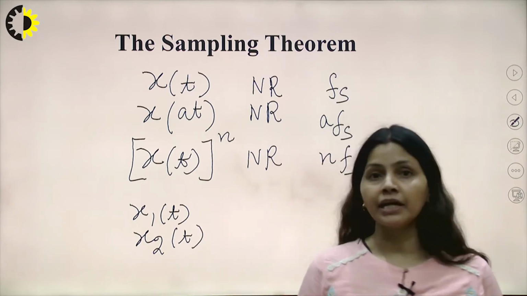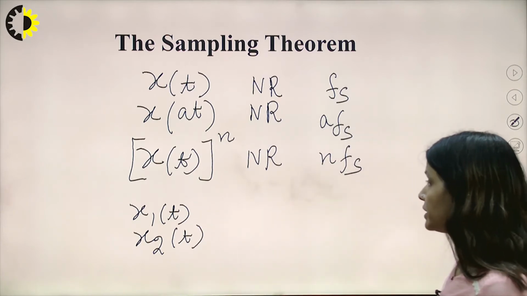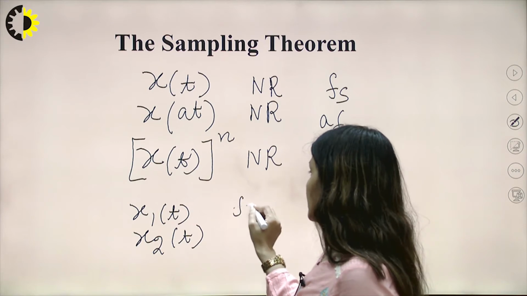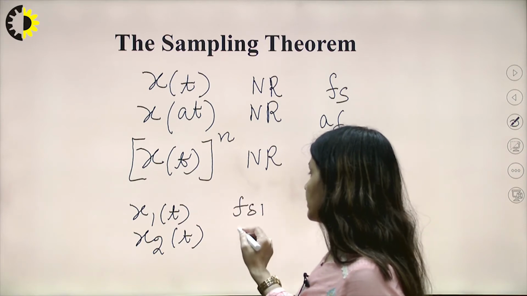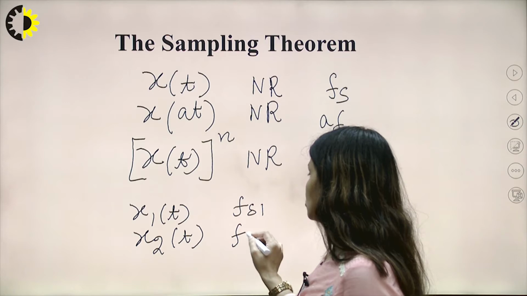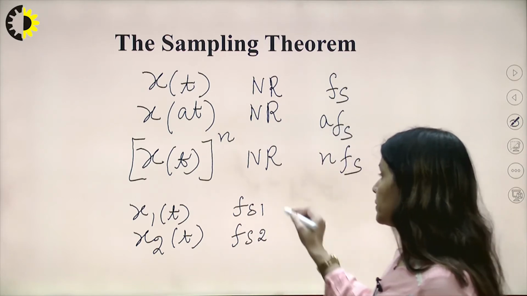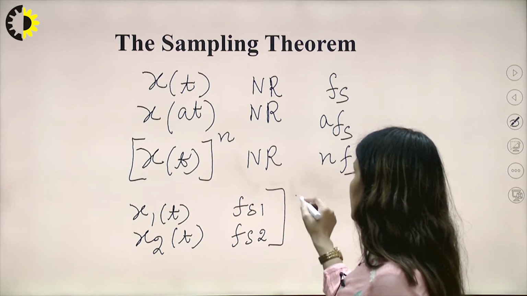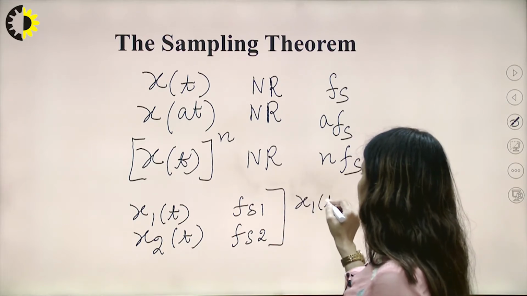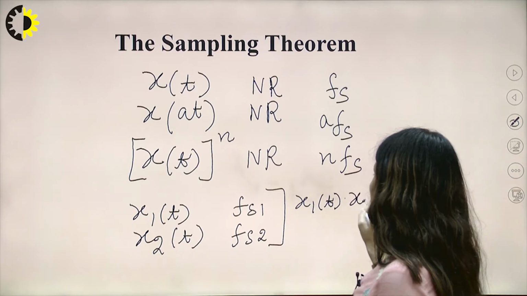The Nyquist rate for x1(t) is fs1 and the Nyquist rate for x2(t) is fs2. Then what would be the Nyquist rate of x1(t) into x2(t)?